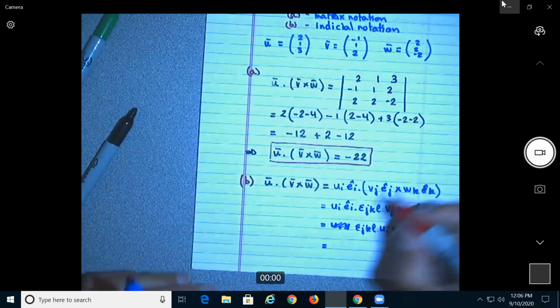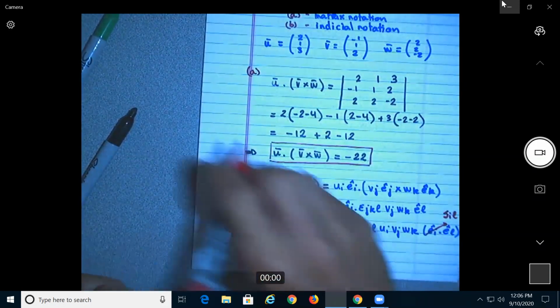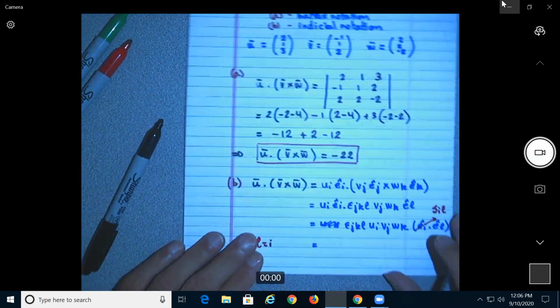So for L equal I, what are we going to have?